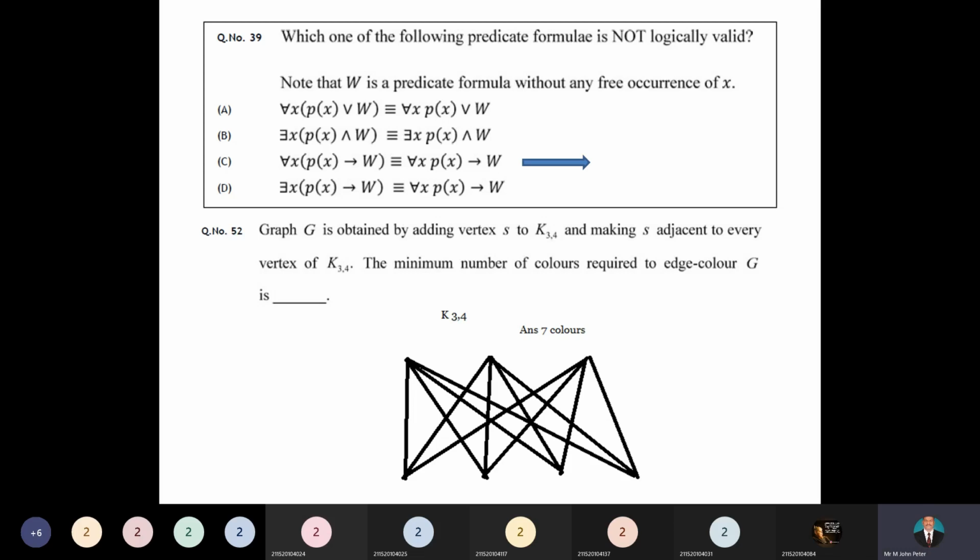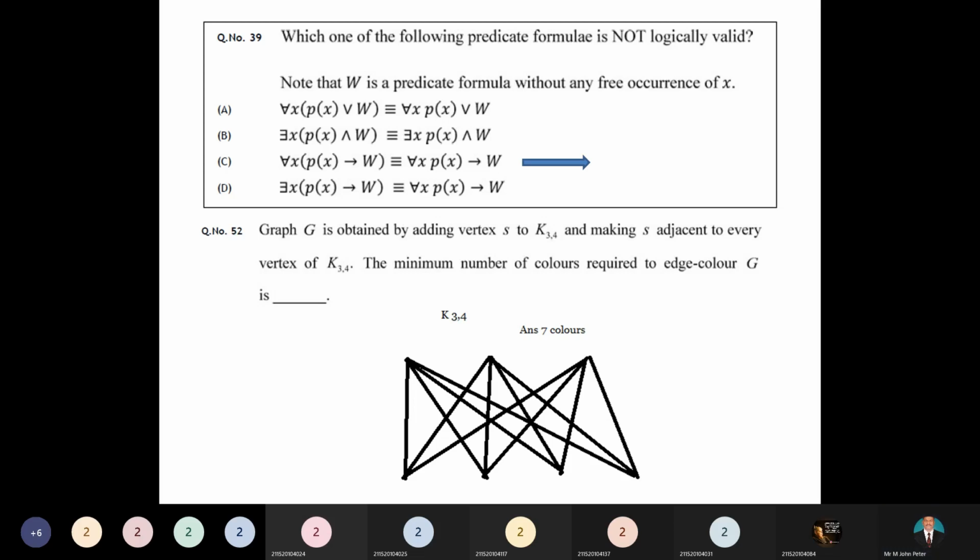Taking the new vertex S, from S to all 3 vertices of the first partition and all 4 vertices of the second partition, individual edges will connect. So that will be the maximum degree, 7. Already 4 colors we have used; we need 3 more colors. So totally 7 colors are required for edge coloring.